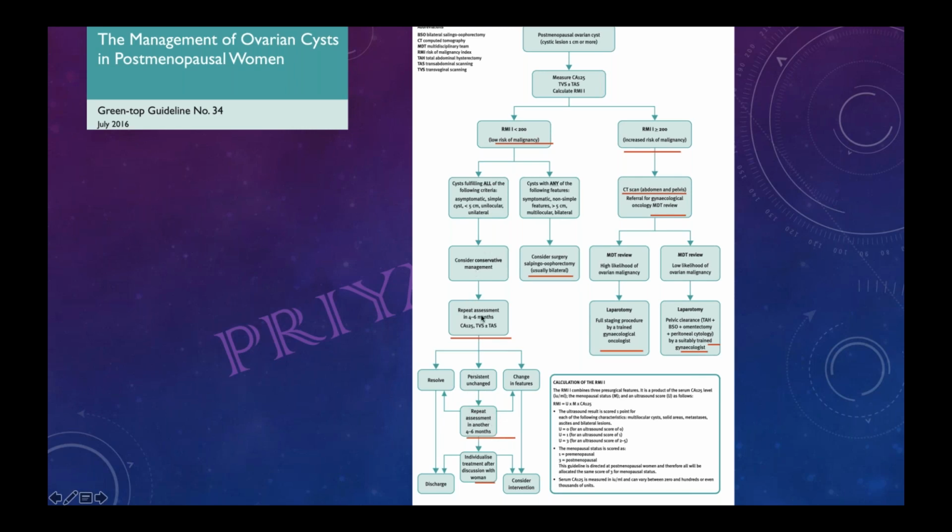After 2 scans from this table, if it is still persistent, there is one repeat scan, then individualize the treatment. This scan was diagnostic, this is the repeat scan, and after the repeat scan, if it is still there, then again they do a scan.